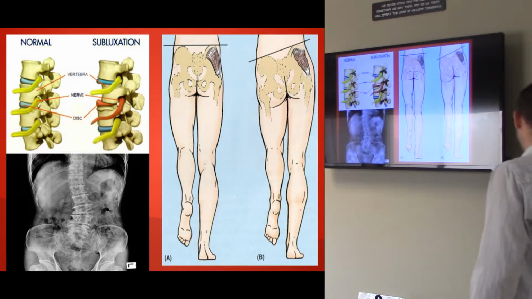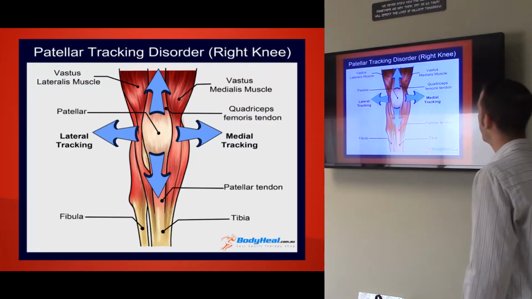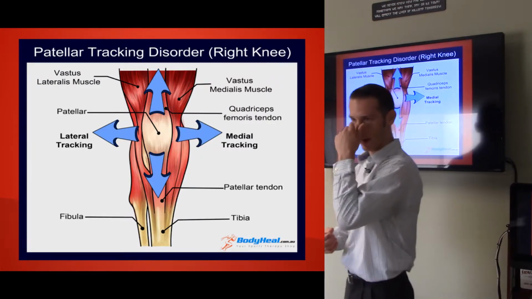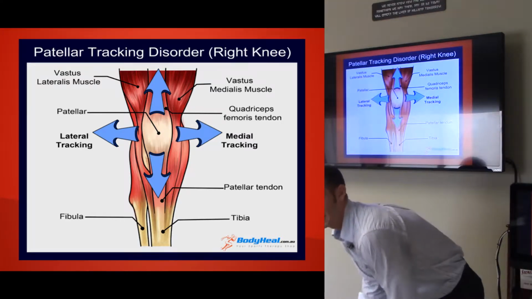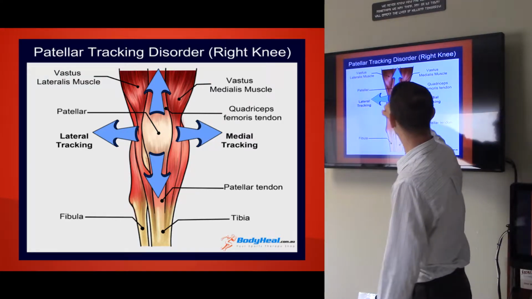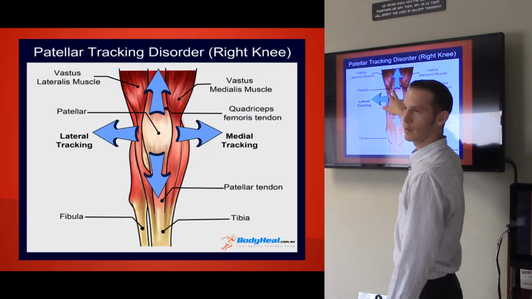We talked about this, the nerve supply. Now let's get into patellar tracking issues, another thing with knee issues. Here is the patella, and we talked about those muscles that come into the sides.